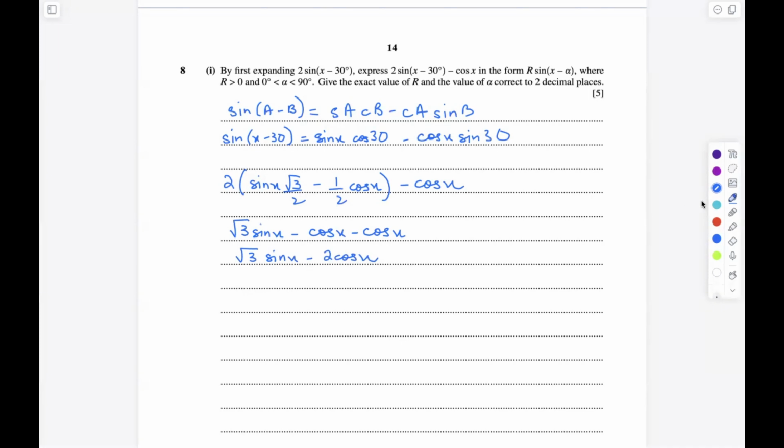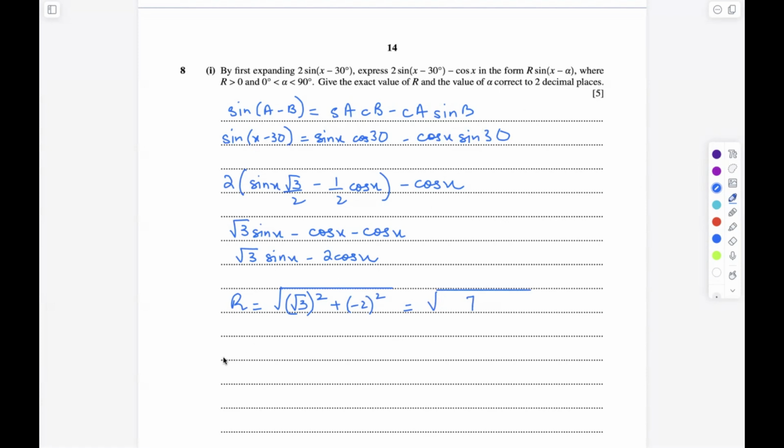Now, as you have to express this in the form r sine of x minus alpha, if it is given in the form sine plus cos, to find r we take the square root of the sum of the squares of the coefficients of sine and cos. So this will become root of root 3 whole squared plus minus 2 whole squared. Simplifying this, we get root of 3 plus 4, which becomes root 7.